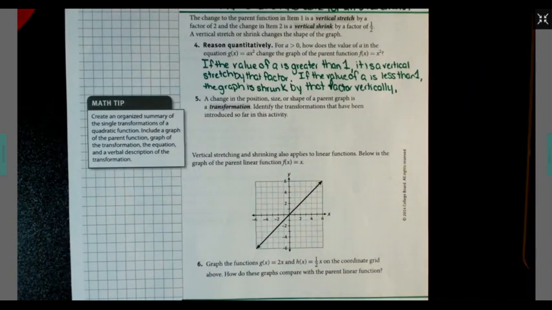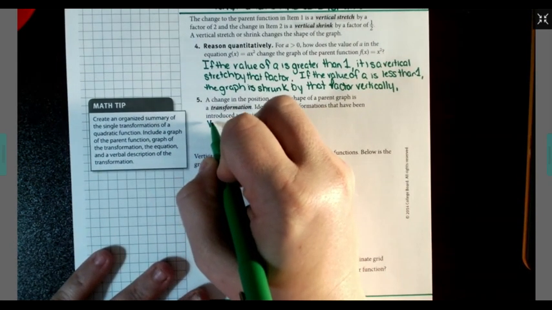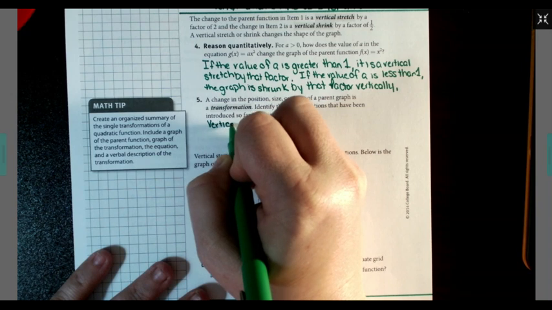Number 5, a change in the position, size, or shape of a parent function is called a transformation. Identify the transformations that have been introduced so far in this activity. Well, in the last lesson, 30-1, we did vertical translation.